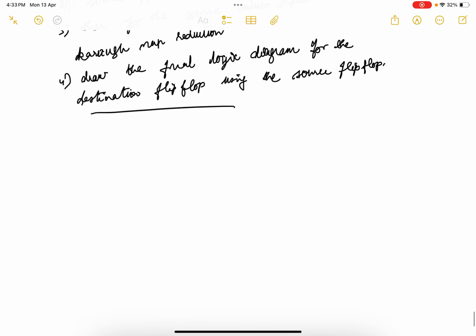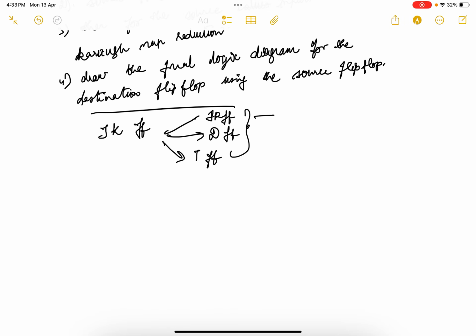So in this particular lecture, we have converted JK to SR, then we converted into D, then we converted into T. In everything, what you want to note down is that these are nothing but your destination flip-flops. So for all these flip-flops, that is SR or D or T, you want to know the extended truth table.